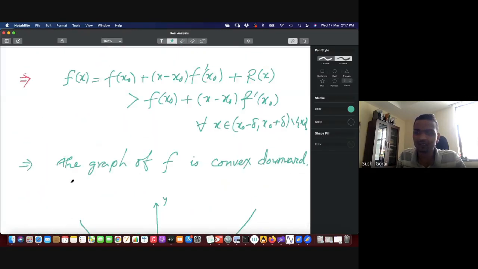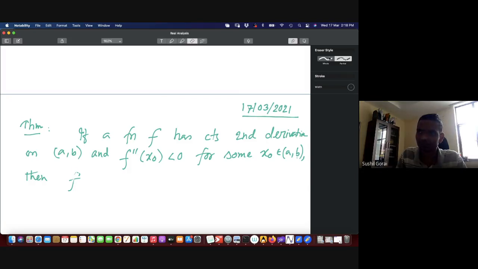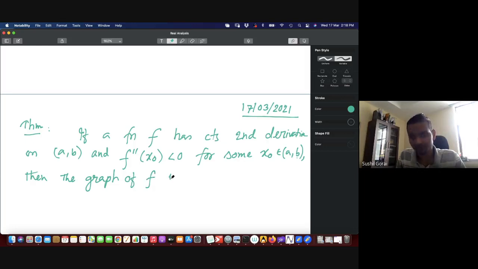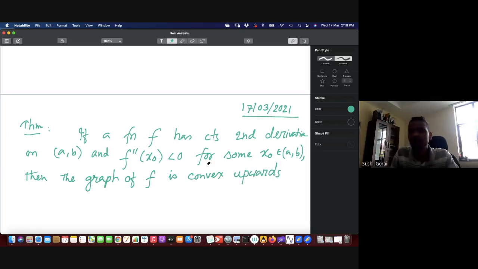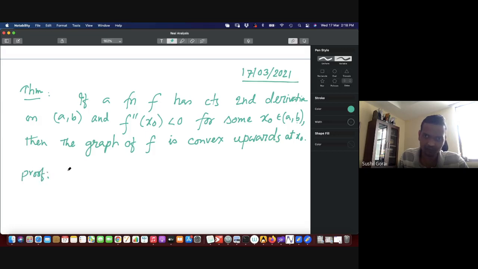Right? Now the proof is at x naught. The proof is similar to the previous theorem.